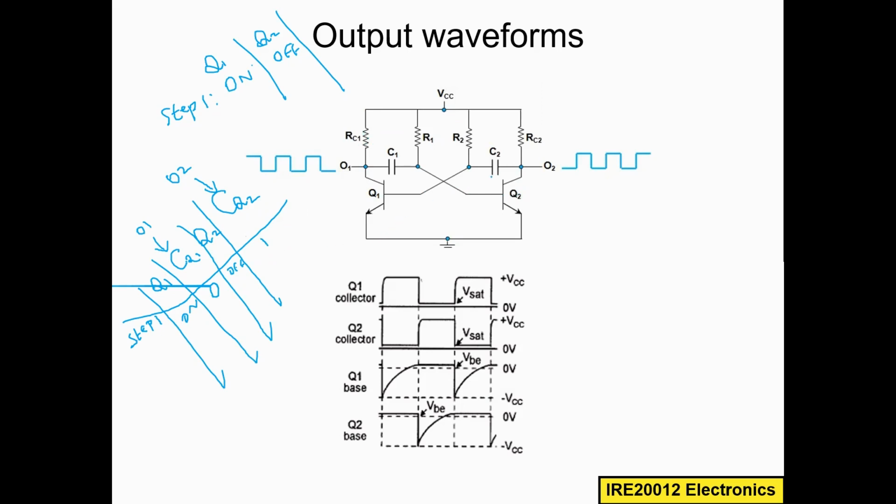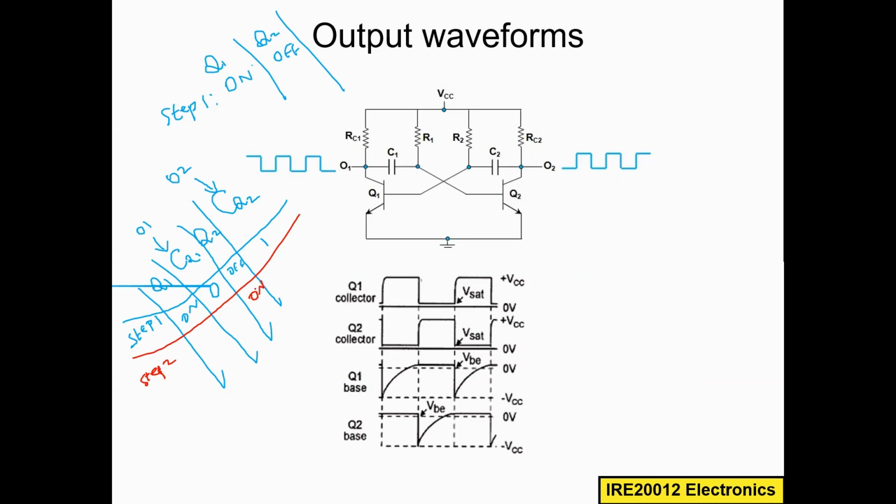In the meantime, C1 is charging. Once C1 is fully charged, it will drive the base of Q2. Then Q2 will be on now. So this is step 1 and then step 2. Now Q2 is on because of the C1 charge.